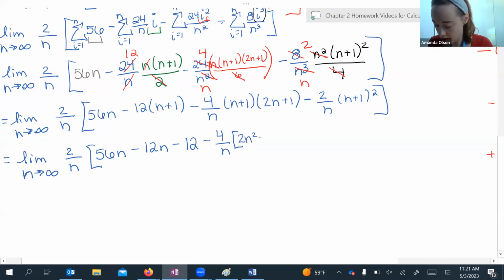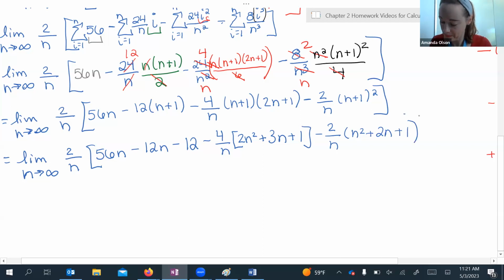We get 2n squared plus 3n plus 1, and then minus 2n, expanding that n plus 1 quantity squared becomes n squared plus 2n plus 1. And there we have the limit as n goes to infinity.